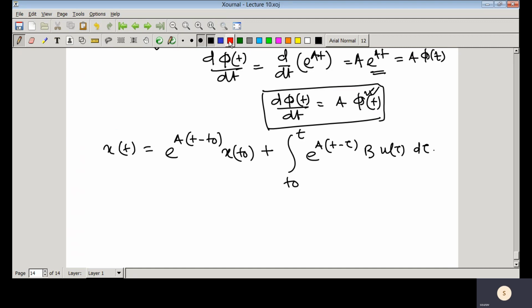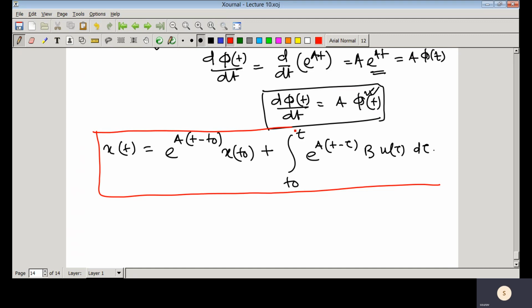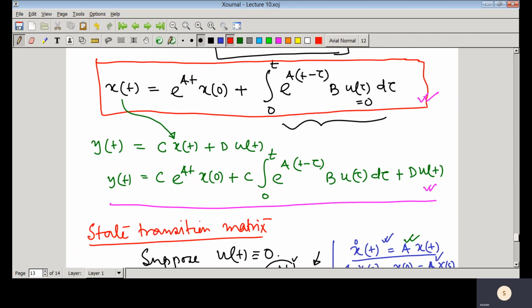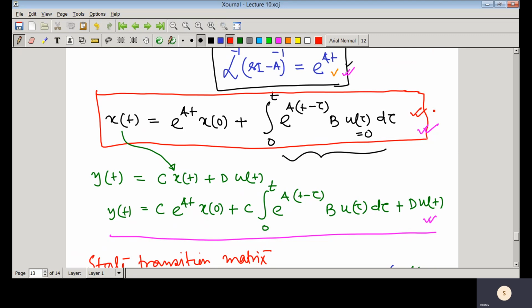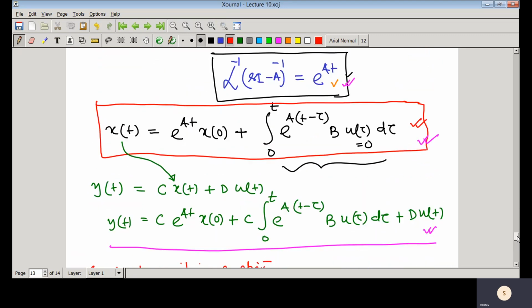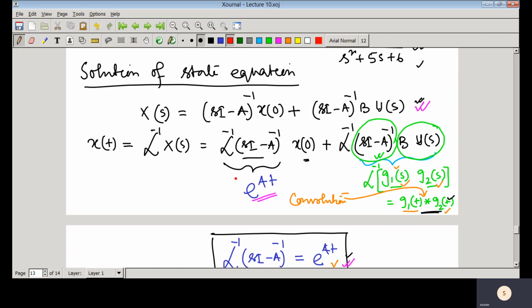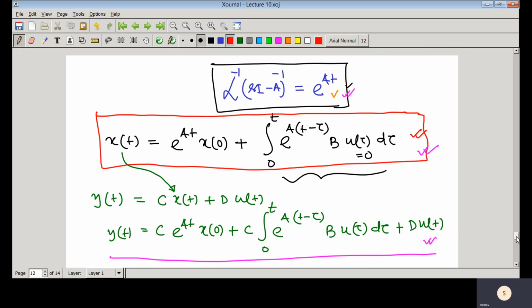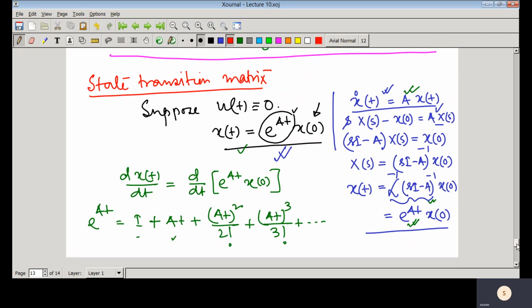So this is actually the general expression of the state, and whenever you take t equal to t0 equal to 0, you will get back this particular expression. And now, in solving this state equation, we get that the Laplace inverse of (sI minus A) inverse equals e to the power At, and that is the state transition matrix.